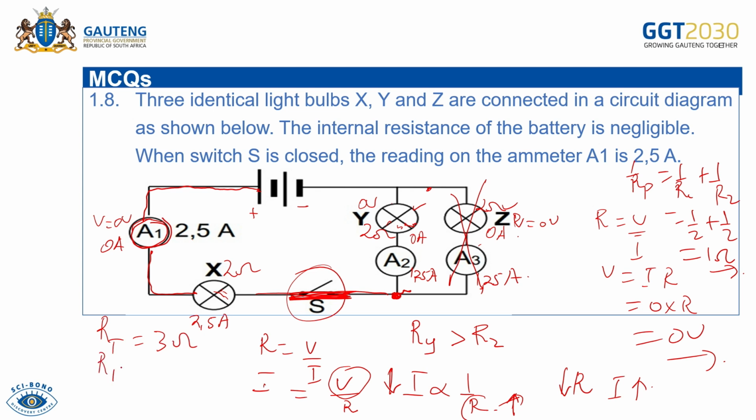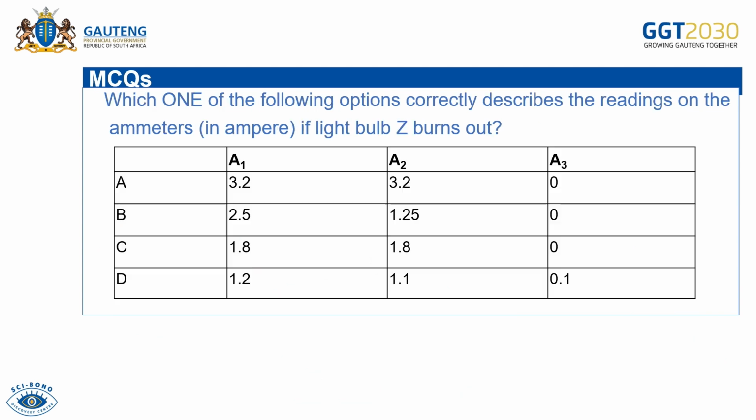Then R total after Z burns out is going to be 4. Can you see that if we are removing a bulb connected in parallel, the total resistance of the circuit increases? So the total resistance of the circuit will increase when that resistor connected in parallel is removed, or when that bulb connected in parallel burns out.